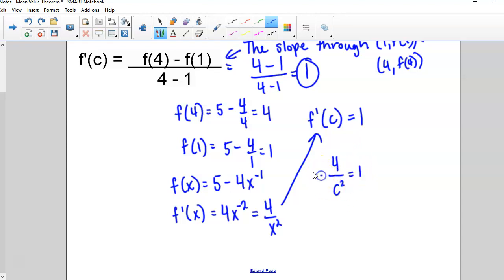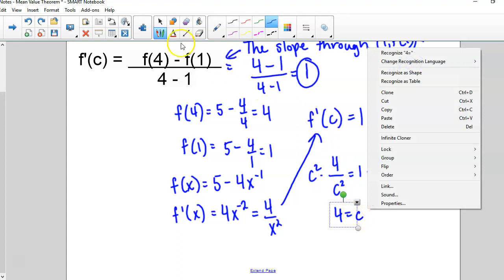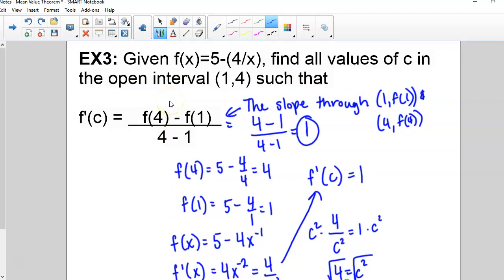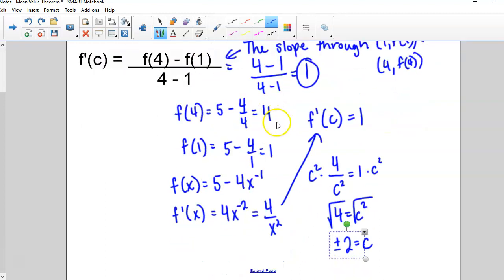If you multiply both sides by c squared, 4 equals c squared. You can square root both sides. You get plus or minus 2 is your c, but we are looking on the interval from 1 to 4, so are both of those going to be our answers on the interval from 1 to 4?